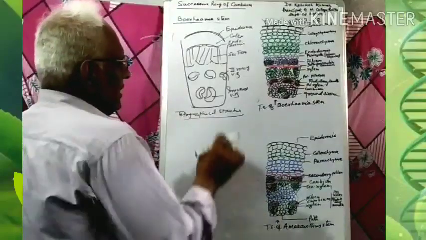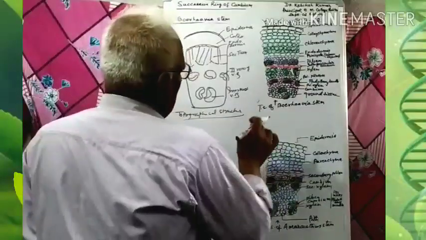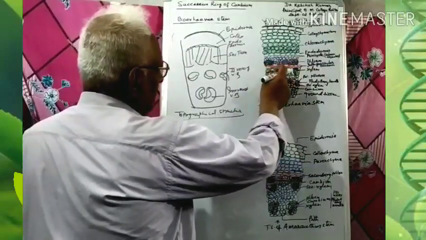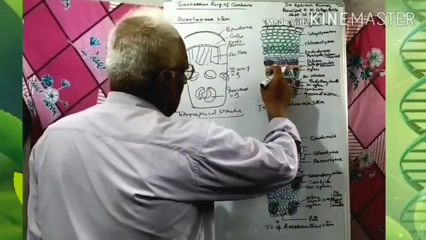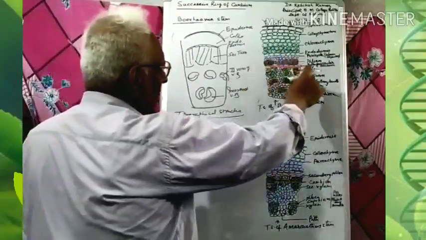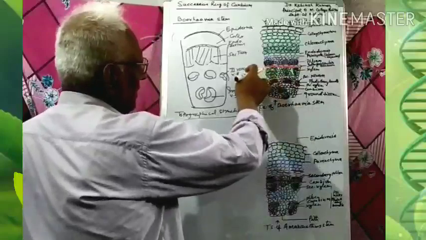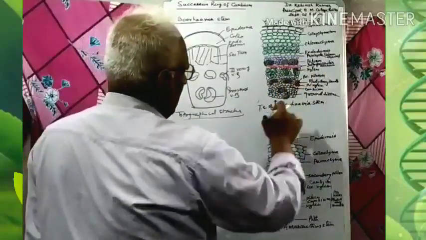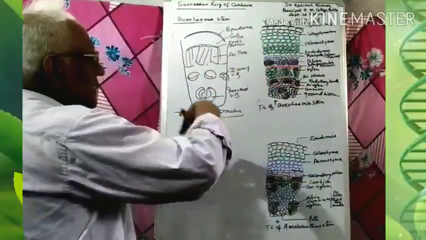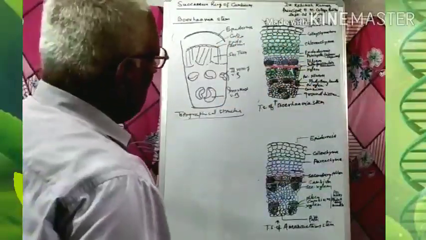But in general cases, what happens? The secondary xylem is produced inside in the entire zone of the ring, and secondary phloem is formed outside in the entire zone of the ring.